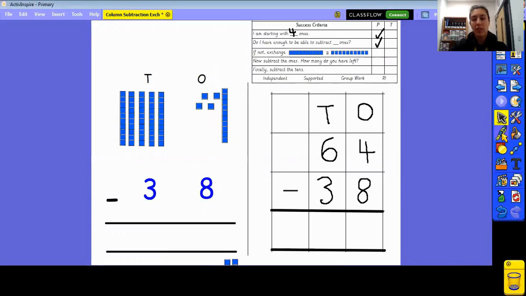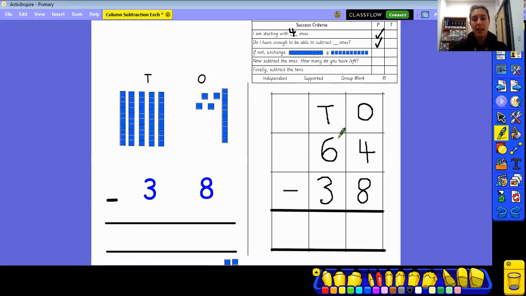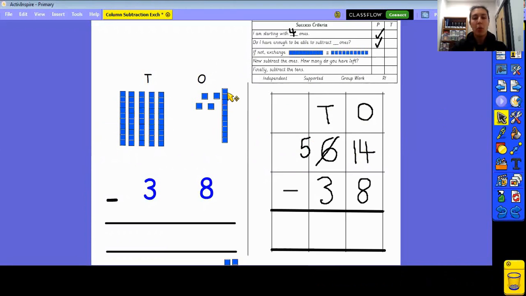So what that looks like over here is that I've taken one of my 10s from my 10s column, leaving me with 5 10s, and that 1 10 then becomes 10 more ones. So it can't stay as a full 10 because it's too big. I need to exchange it for 10 ones.